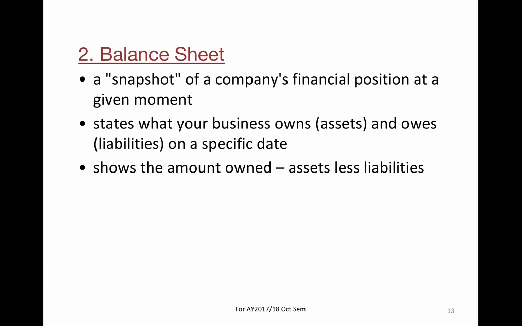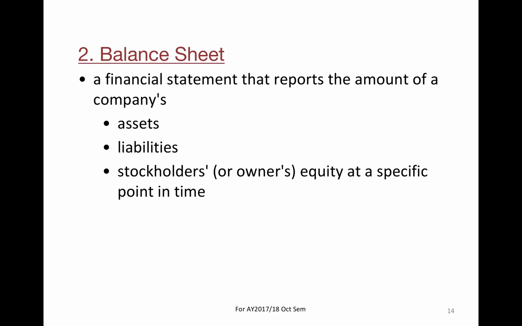The second account that you usually see in a project is a balance sheet. When you say balance sheet, you have to make sure that your assets and liabilities are balanced. It's a snapshot of a company's financial position. The main things you see in a balance sheet are assets and liabilities, and sometimes stockholders' equity.